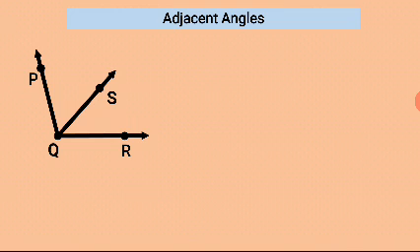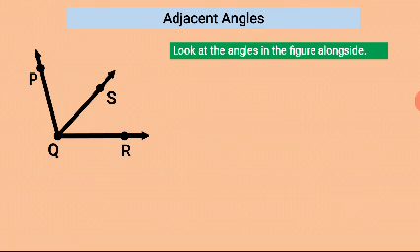It converts the interior into two different interior angles, that is, angle PQS is one angle and angle SQR is the second angle.